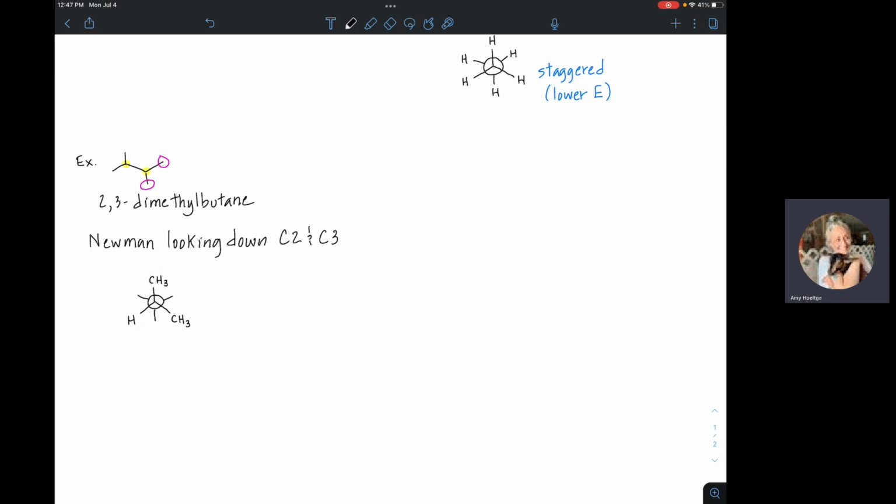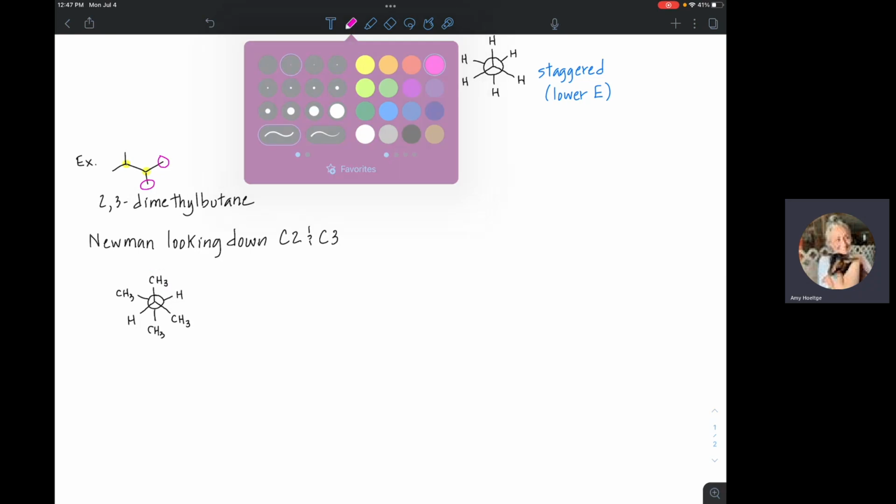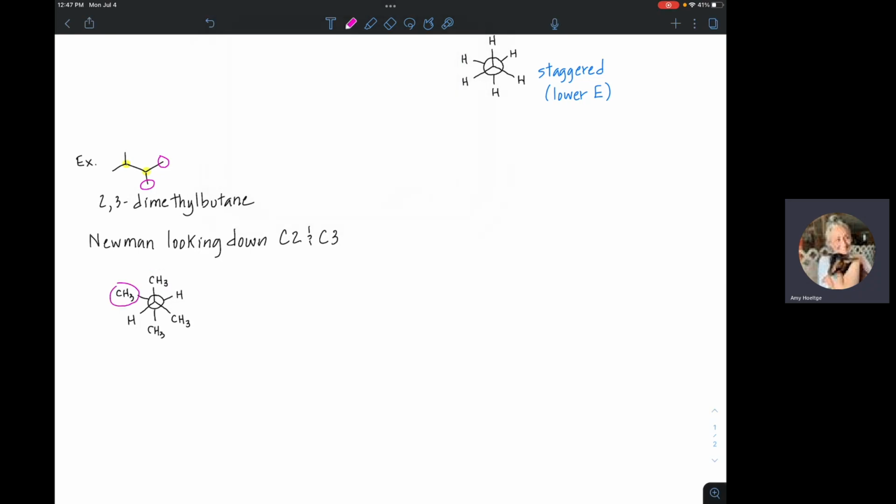I'm going to put the hydrogen here between these 2 methyl groups. There's another methyl group and another. So those are the 2 here that I've circled on the line bond structure.